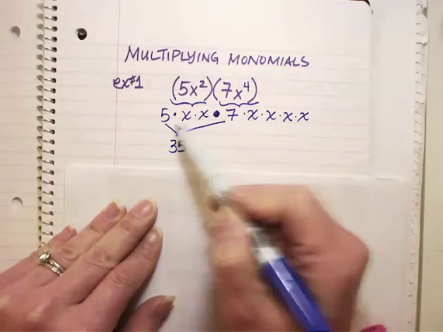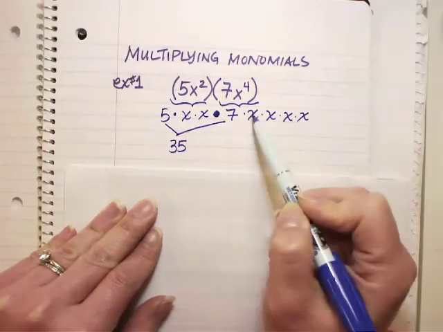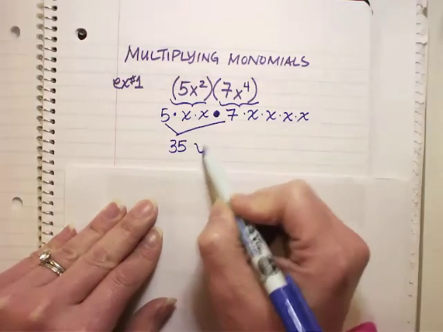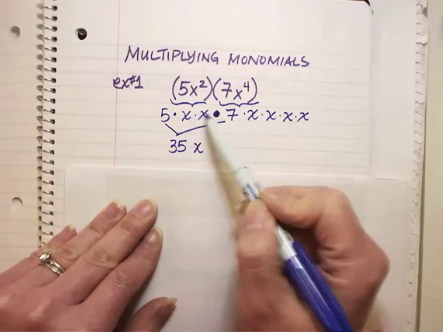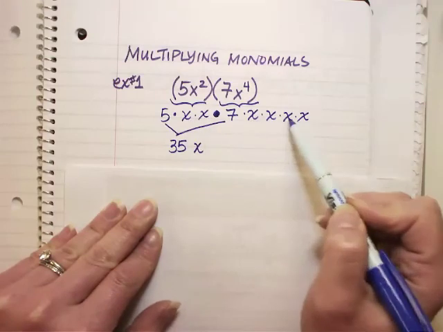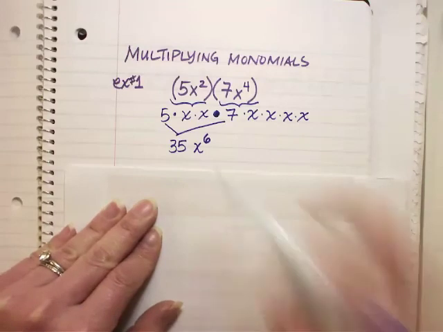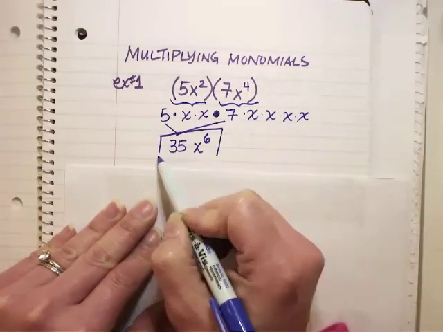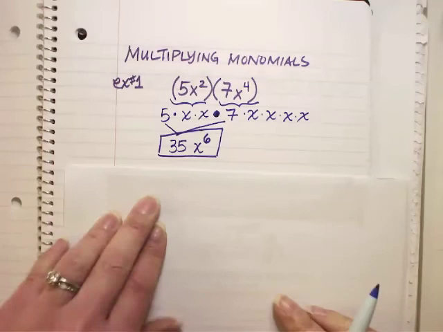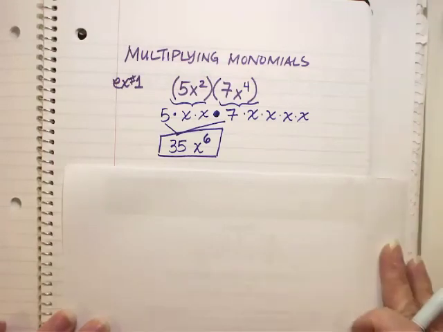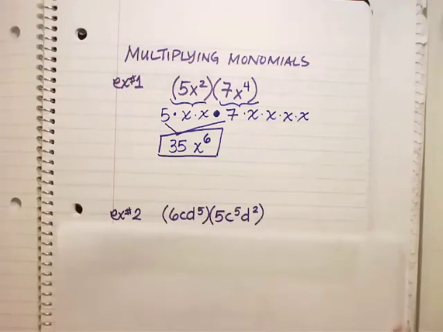Now, I have x times x, another x, another one, and another one. So how many are there? 1, 2, 3, 4, 5, 6, x to the 6th power. So that would be our answer here, 35x to the 6th power. Okay, and that's simplified.